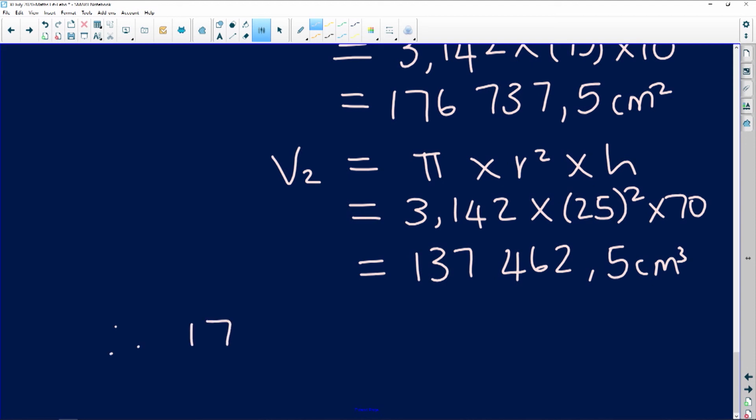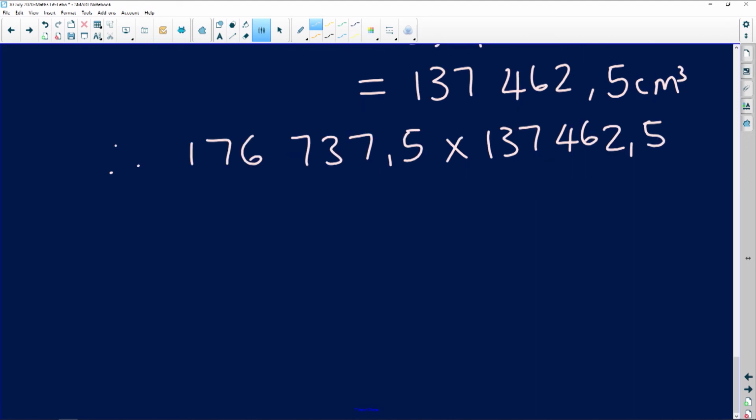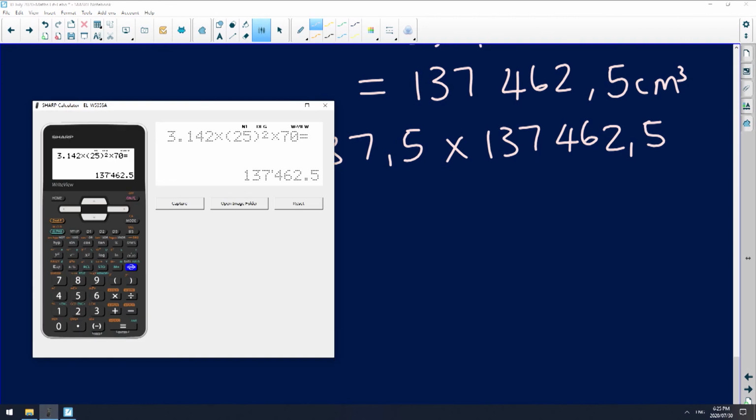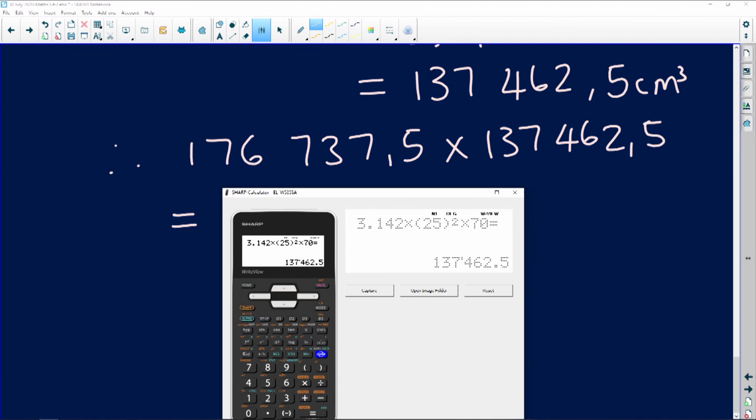So that's 176,737.5. When you work with big numbers, please be super careful. They will dribble you sometimes and you will be putting in the wrong number. So let's look at the total.